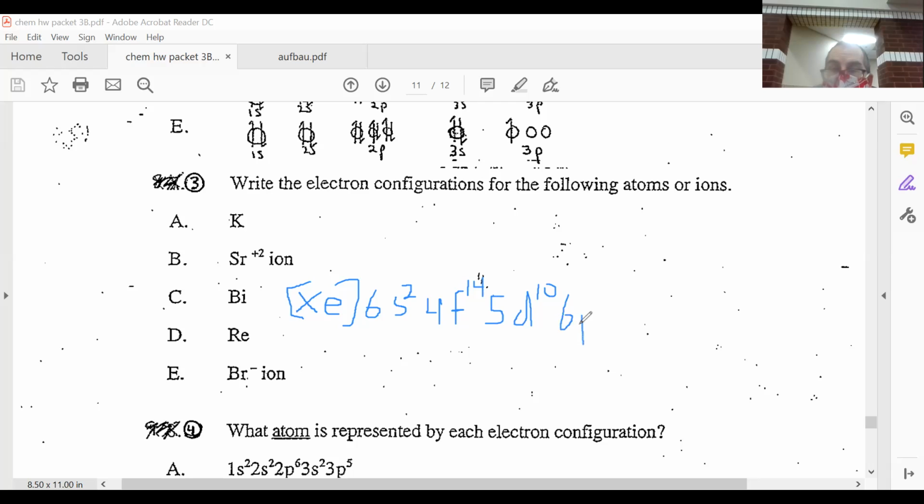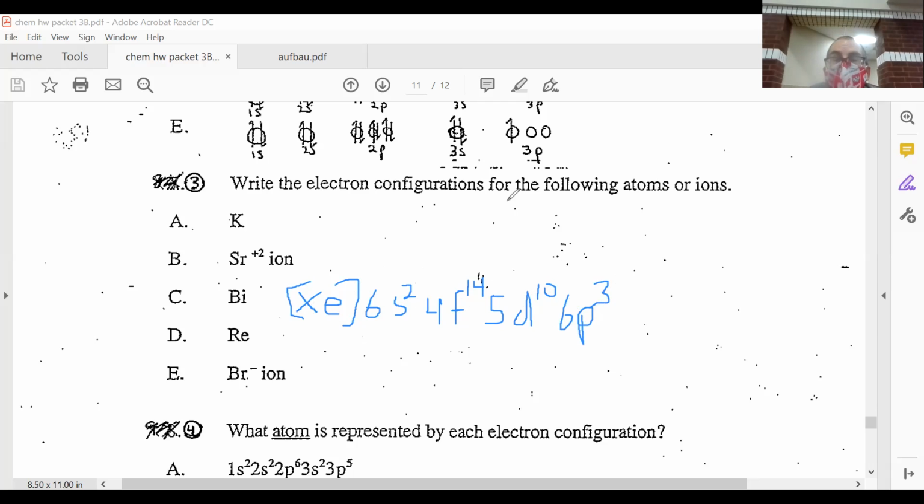What do we have? 54, 56, 70, 80. 6p3 would be 83 electrons. This would be the electron configuration for bismuth. So instead of writing everything up to the noble gas core, I use the noble gas, and then I continue from that point right there. You want to look at those charts and verify that that works for you.